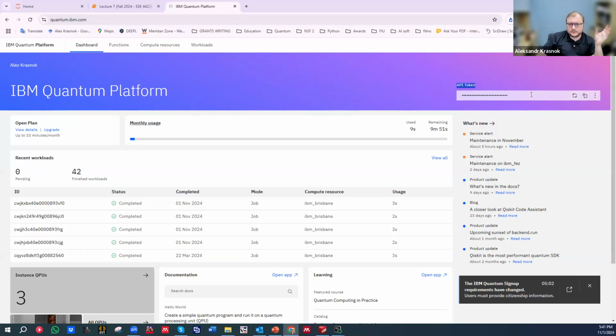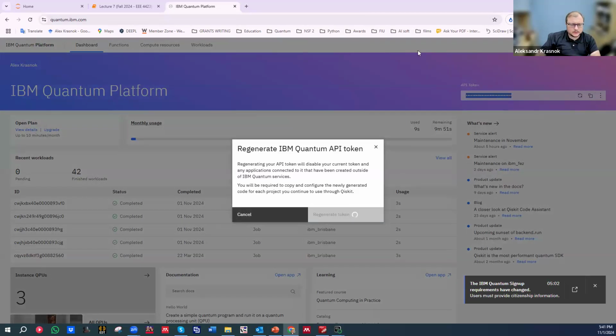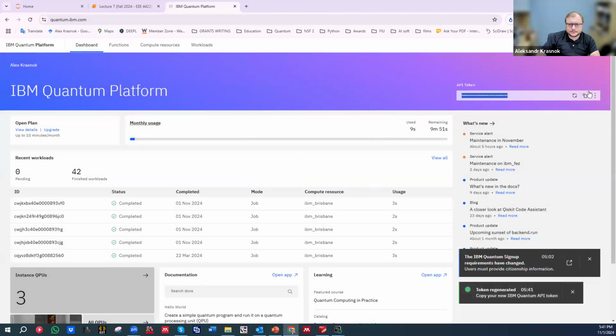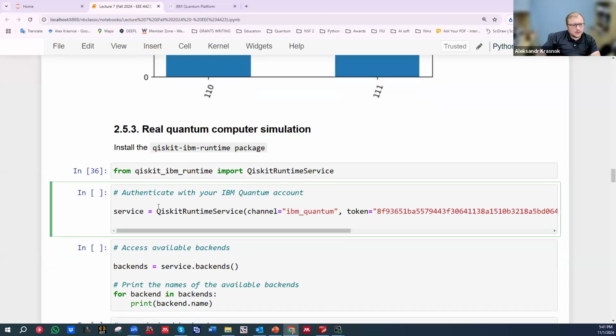This API token is a kind of number. I can refresh it, regenerate it to get a new one, and then copy it. In a line like this, the service name of the function, the channel, IBM Quantum, can be different if you use Google Quantum Computer; it will be something else.